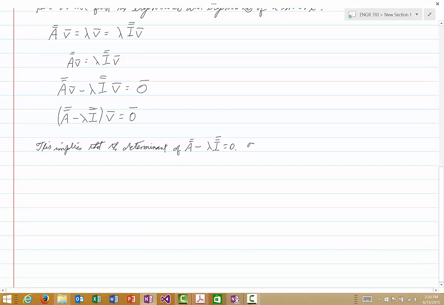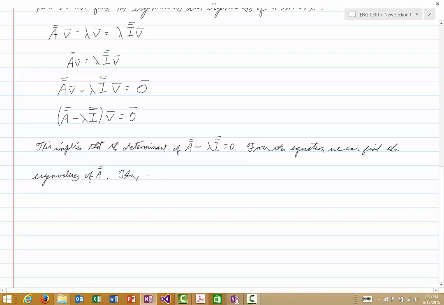And from this equation, we can find the eigenvalues of A.